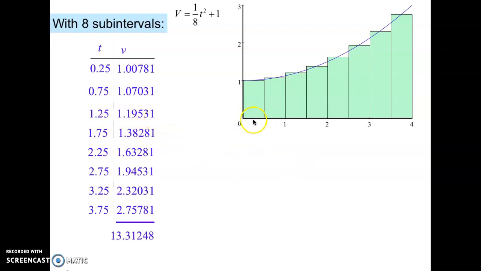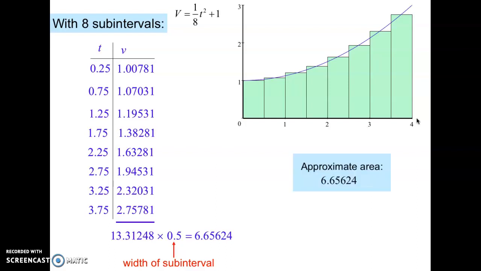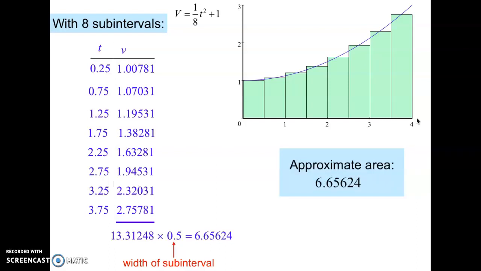But when I do length times width, these are just the lengths of all the rectangles. I have to multiply by the width of each rectangle, which in this case was constant. Each rectangle had a width of 0.5. So when I multiply those together, I get 6.65624.